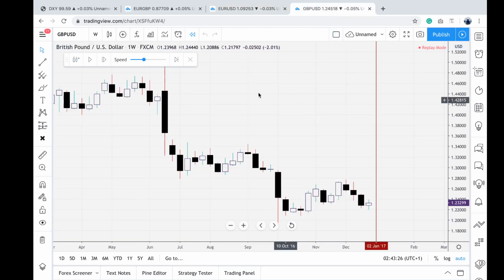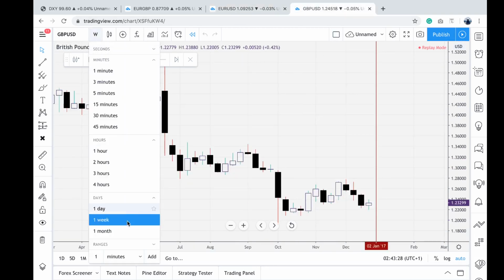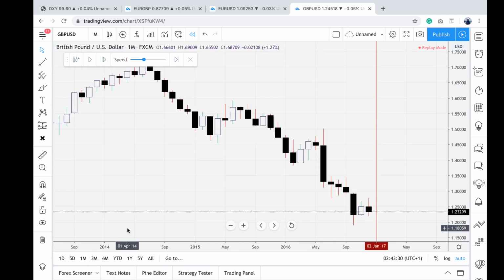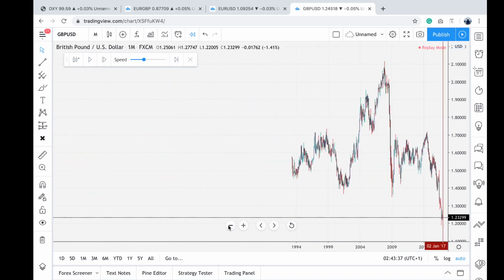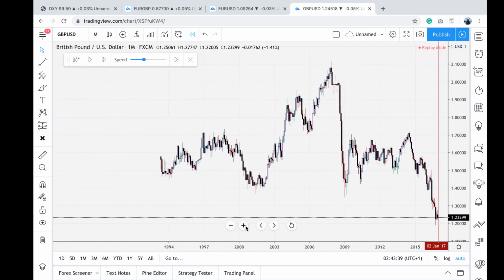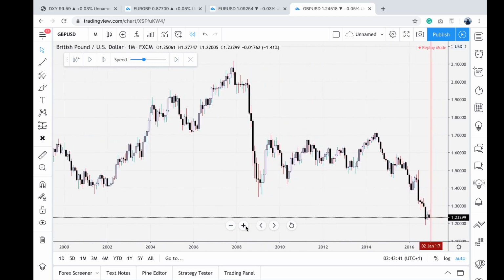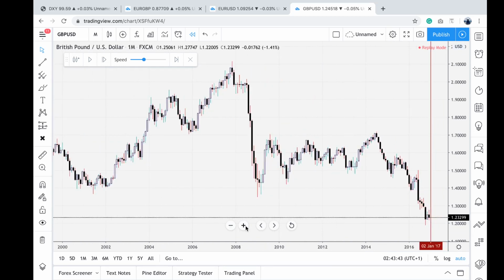Now going to British Pound USD, we check the monthly. Let's see what price is doing on the monthly. There's nothing really to reference. This is the lowest price has ever been.